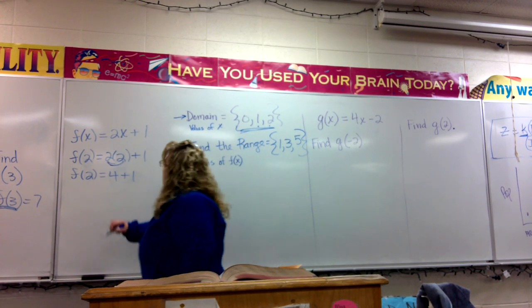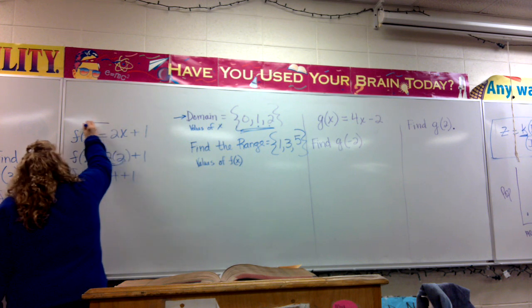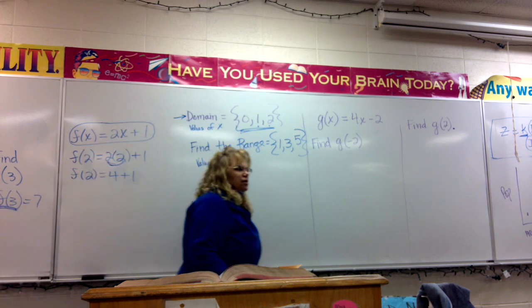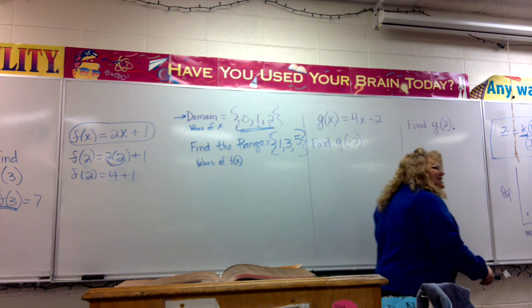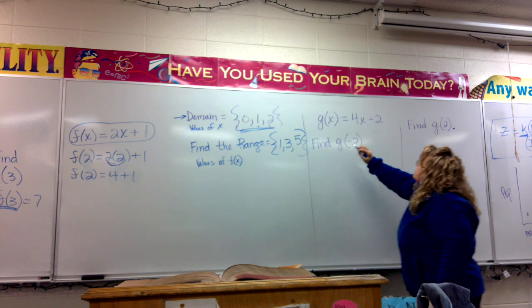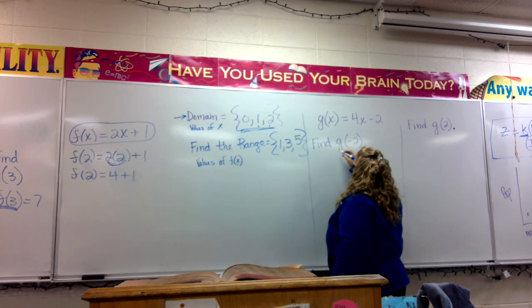And one other thing though, over here, I use f of x because it's a function, f. It doesn't have to be an f. It could be a g, like this one is g of x.